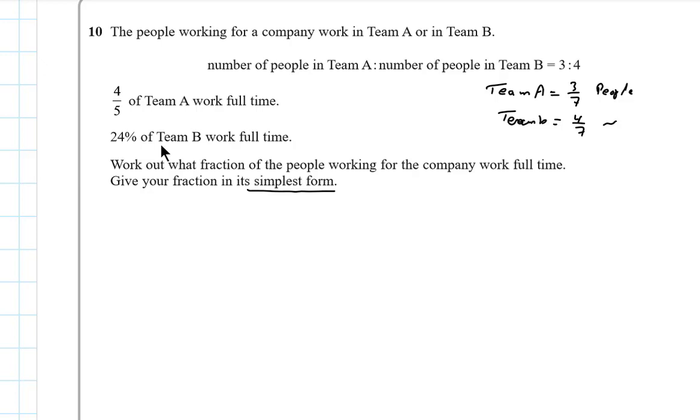It's a very interesting question also. 4 over 5 of those of team A, which is 3 out of 7 of the whole company people, and then plus 24%, which is 24 out of 100, times those of 4 out of 7. This is the required fraction.